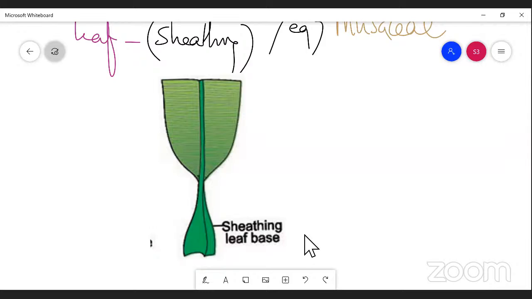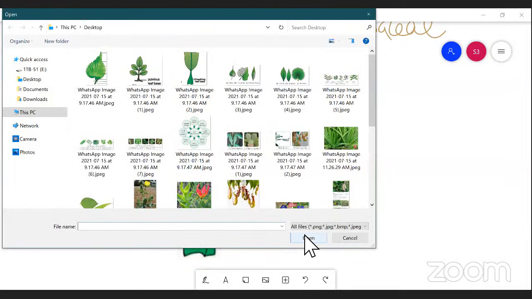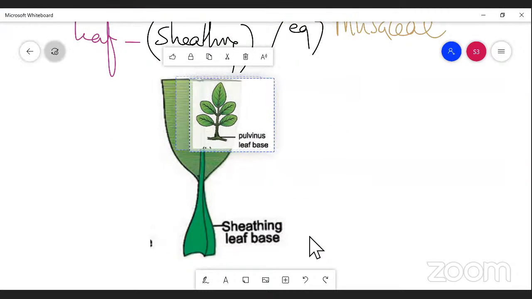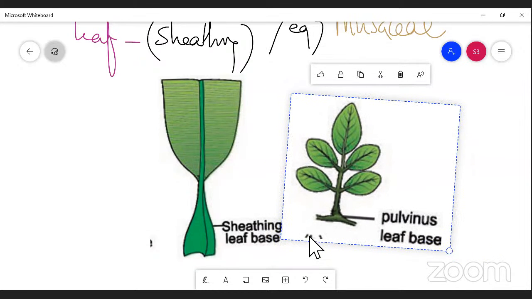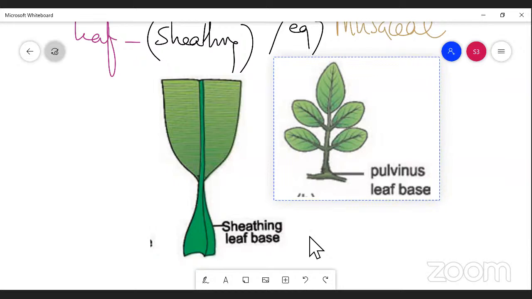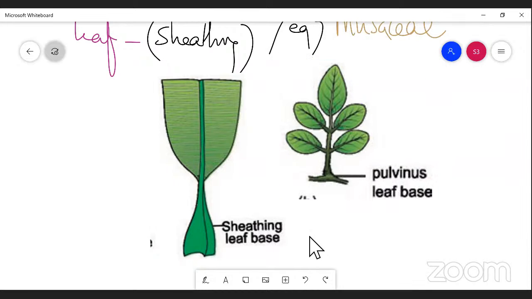Mostly in Musaceae and Poaceae, you find the leaf base becoming a sheath-like structure. Sometimes the leaf base becomes swollen, as in Acacia. And one more category, Lablab purpureus, in which I'd like to mention, my dear students, you can make a difference, because the leaf base becomes a swelling, that is a pulvinus.